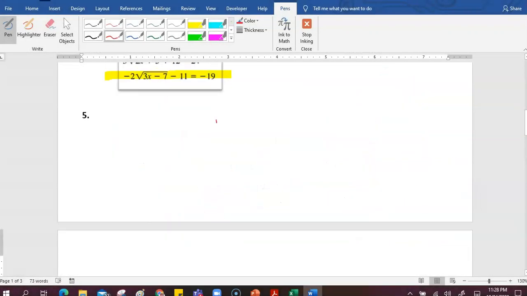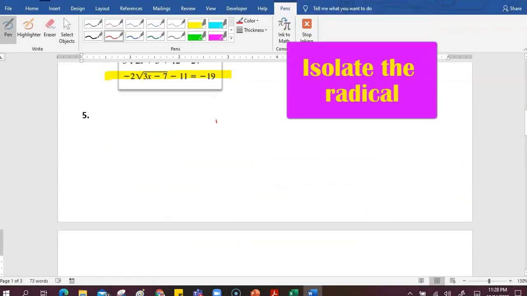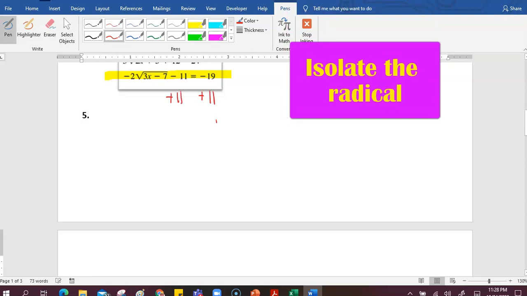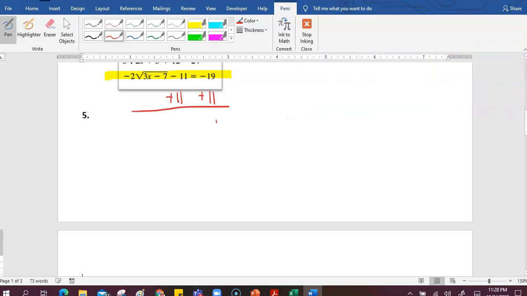Okay, let's move on to number 5. So a couple things, I am going to add 11 to both sides because I need to isolate my radical. And then I bring down what's underneath the radical, my 3x minus 7. And then over here I have a negative 8. I still have a negative 2 over here.